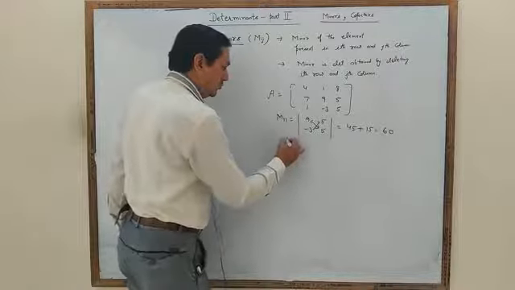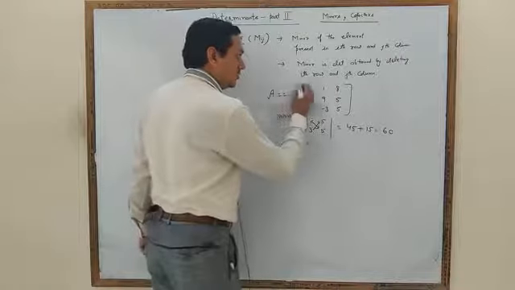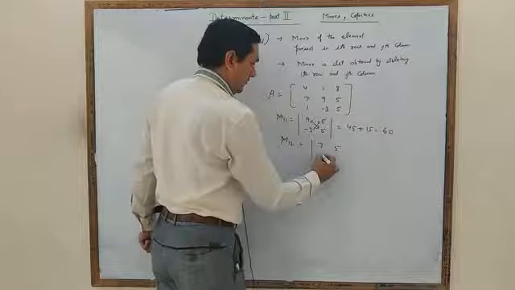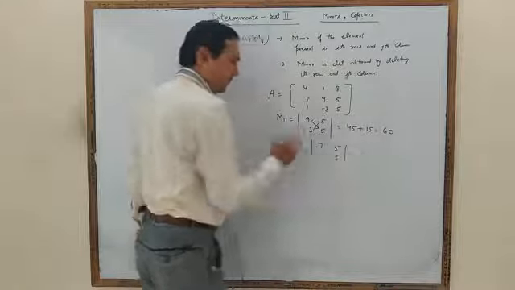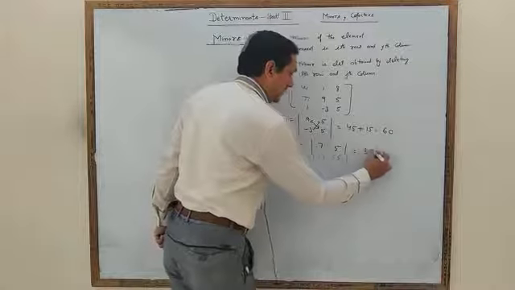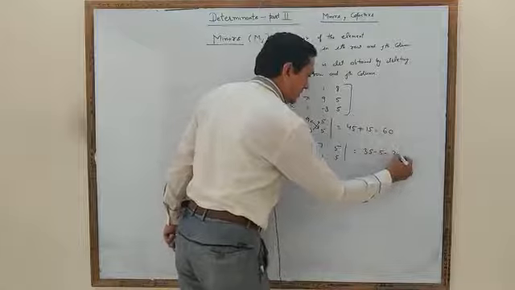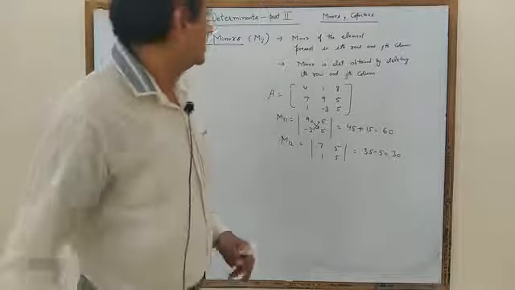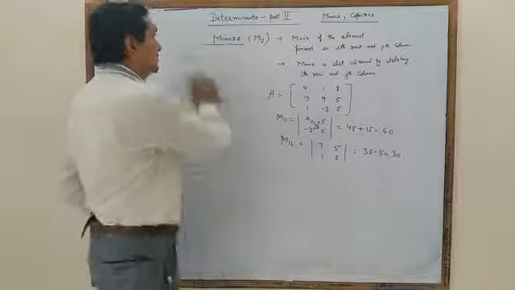M12: delete first row and second column. 7, 5, 1, 5. It is 35 minus 5, which is 30. So I hope you have understood about minors.